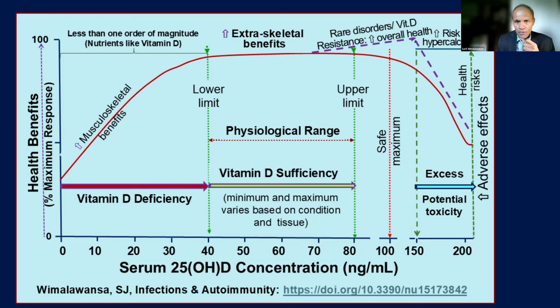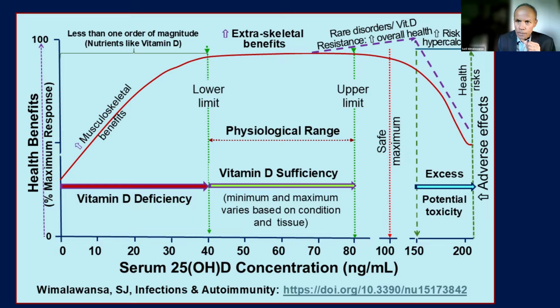The safe physiological range is 40 to 80, with the safe maximum variability, which some people say is 100 and others consider 150 nanograms per mL, depending on their own expertise and biases. Beyond that, the chance of getting hypercalcemia is significantly higher.